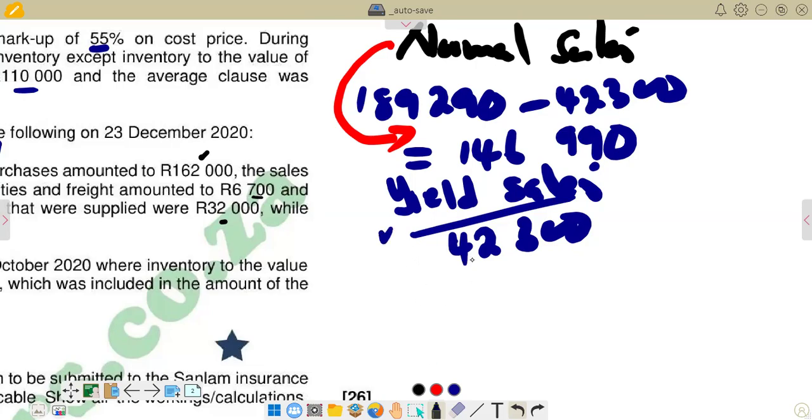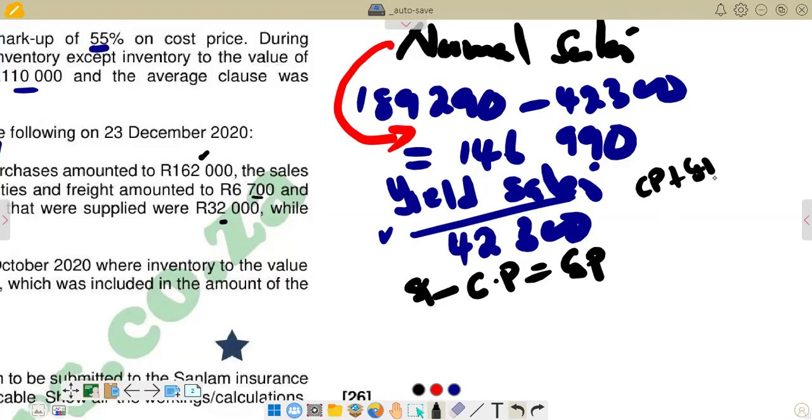To calculate its gross profit, we are going to say selling price minus our cost price. Remember, the formula starts from cost price plus gross profit, the markup, which gives us our selling price. So if you make the gross profit the subject of the formula, it becomes your selling price minus your cost price.